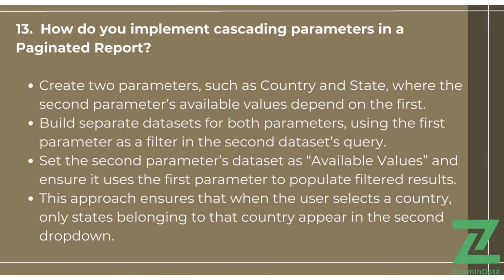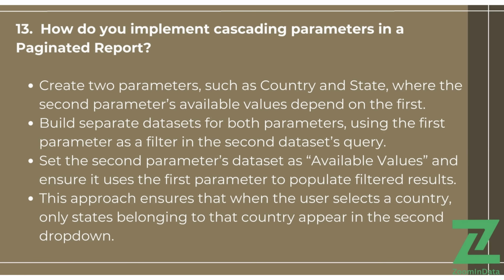13th question. How do you implement cascading parameters in a paginated report? Create two parameters, such as country and state, where the second parameter's available values depend on the first. Build separate datasets for both parameters, using the first parameter as a filter in the second dataset's query.